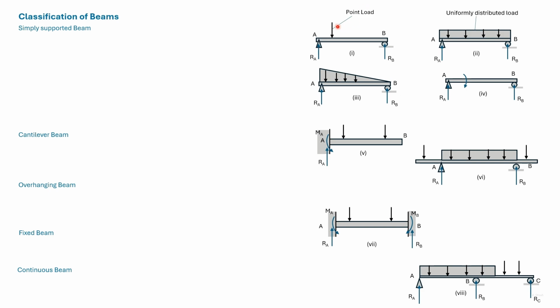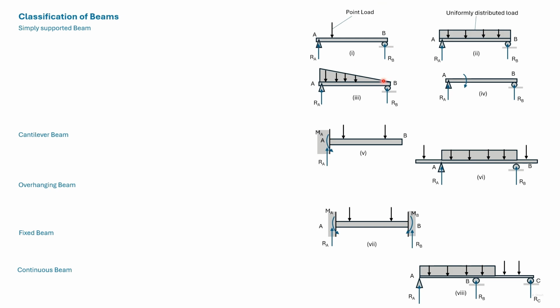The load can be a point load, say a 30 kN load acting at a point in the beam. It can be a uniformly distributed load, which say can have a magnitude of 5 kN per meter. It does not vary from one end to the other, and hence the prefix uniformly distributed.